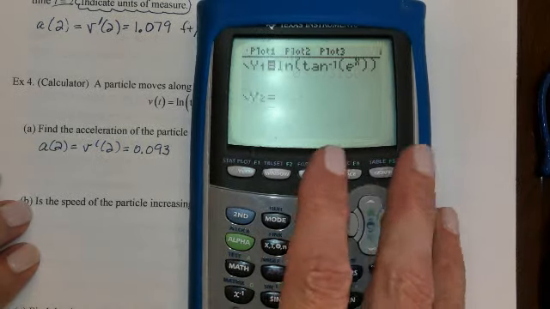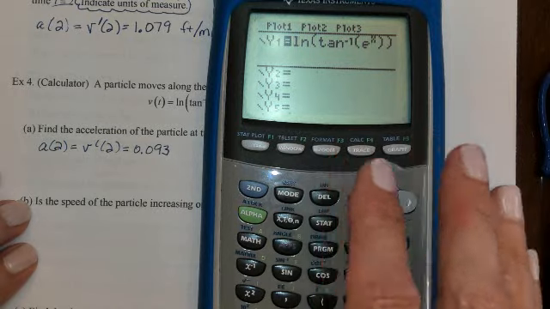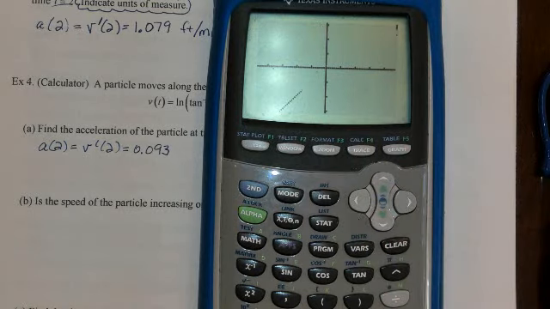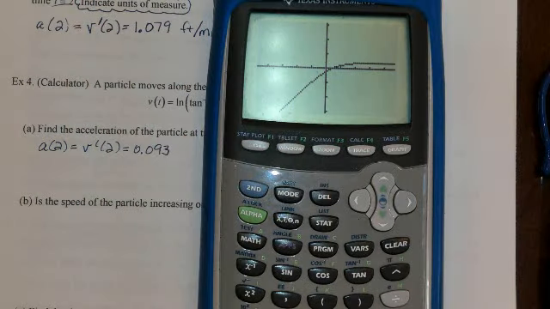If we go to our y equals screen, there's our function, and we can graph that function, right? I'm going to do zoom 4, and it'll graph that function. Now, this is the entire graph of the function, but I really only want it when time is positive, right?